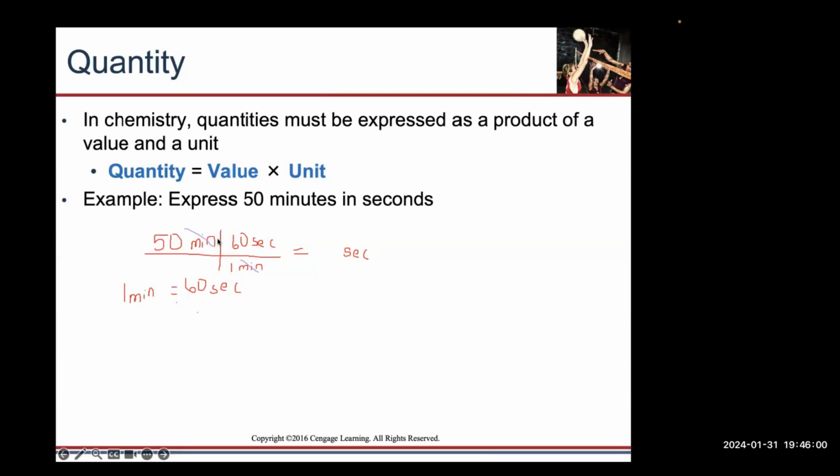This line here is going to represent multiplication. This line here is going to represent division. Okay, so then we're just going to go 50 times 60, and that's going to be 300.